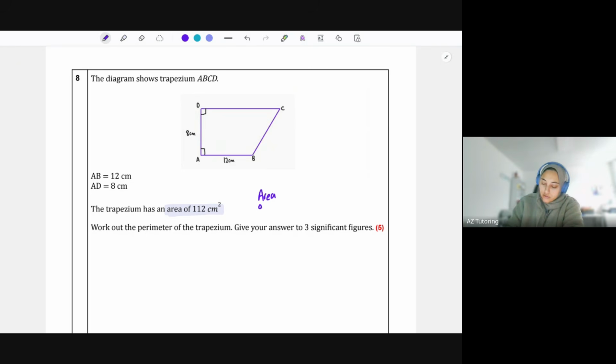Area of trapezium is a half times A plus B times H, where this is H. And A and B are the parallel sides. We'll call this A and I'll call this B, but it doesn't matter which one you call A and B.